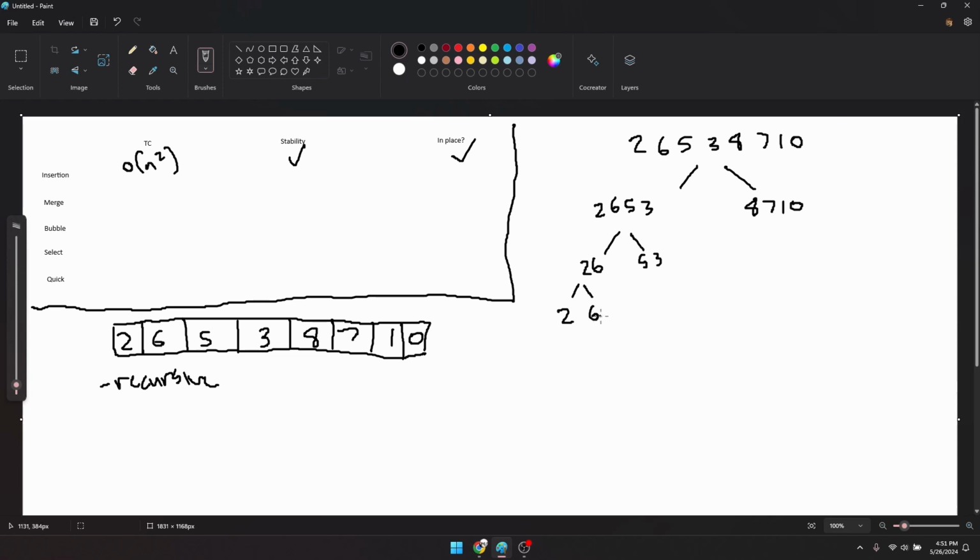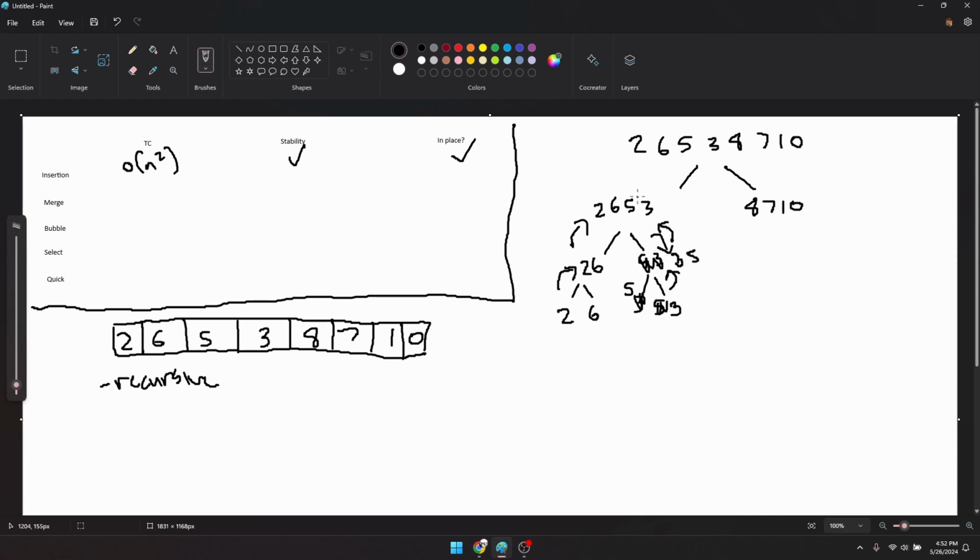And once you've hit singular atomic elements, you're going to pop back up this recursive call stack and at the same time sort the elements. So 2, 6 is sorted, and then once again comes back up here. 2, 6 is sorted, and then you're going to move down to this 5, 3 split into their singular elements, 5 and 3, and then it's going to jump back up the stack, and this will be sorted to 3 and 5.